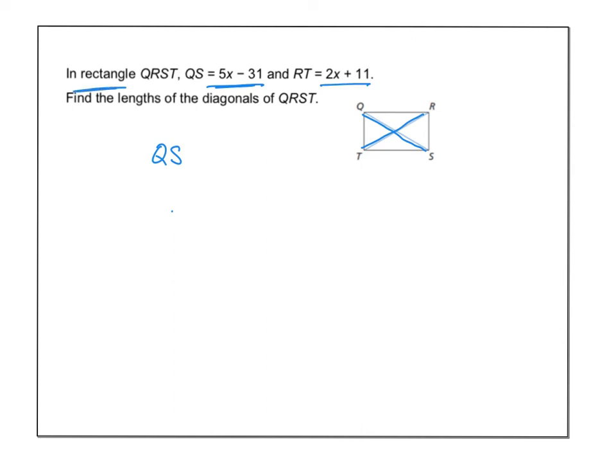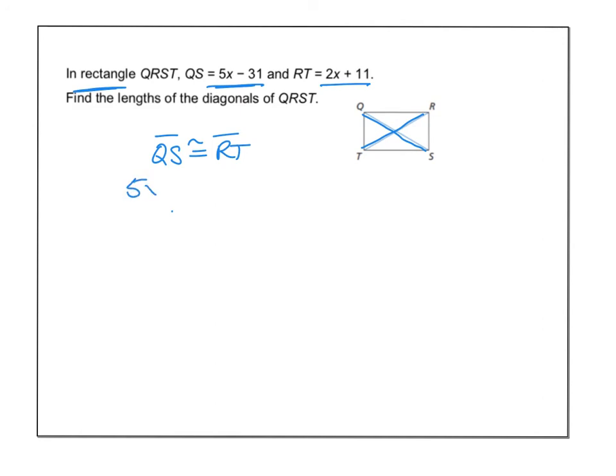So we know it's a rectangle, so we know that the diagonals are congruent to each other. So segment QS is congruent to segment RT. So we can set those two expressions equal to each other to solve for x.